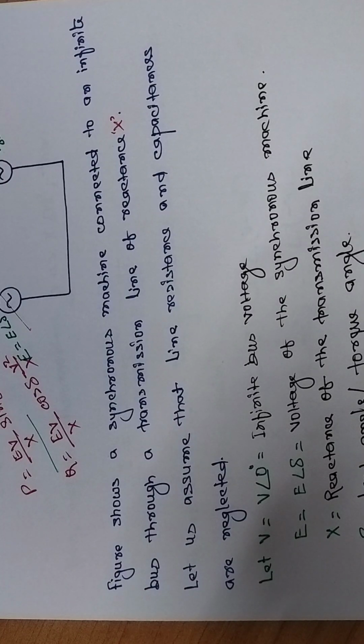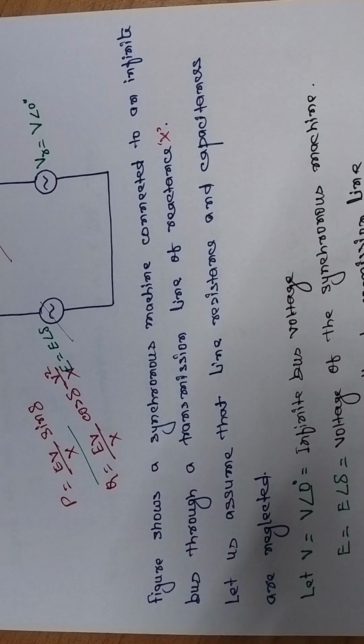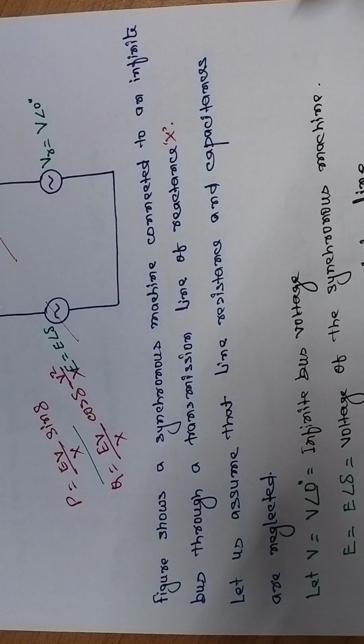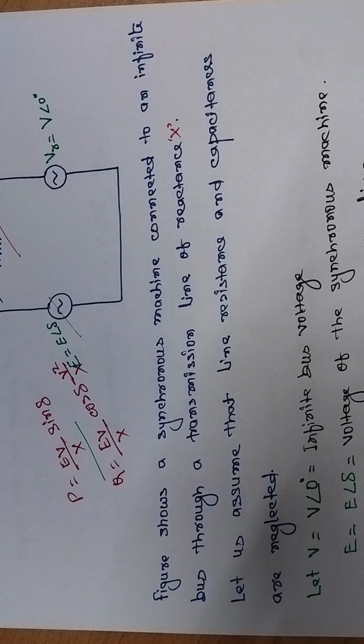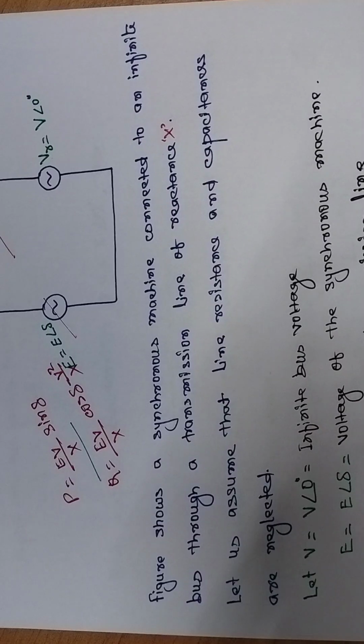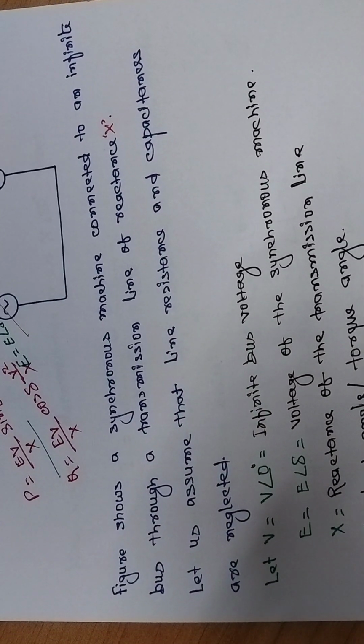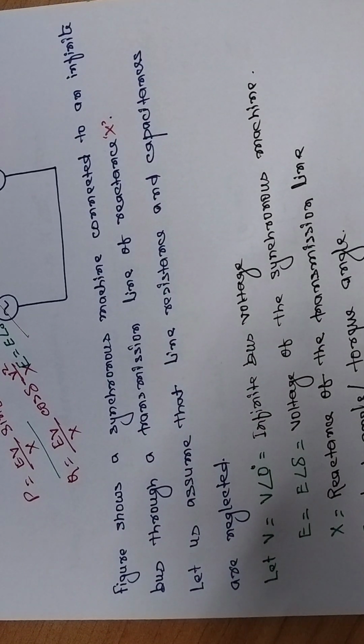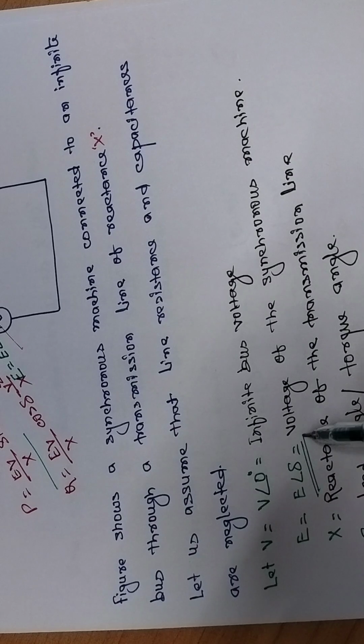Here the generator is E of angle delta, with the series reactance jX, and the infinite bus is at V of angle 0 degrees. The internal EMF of the synchronous machine is E of angle delta.